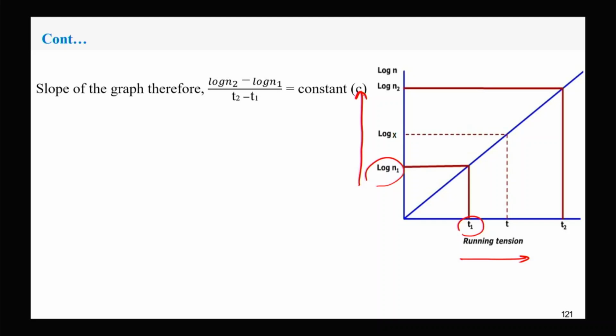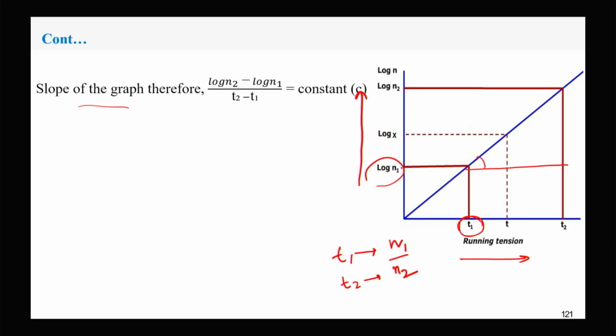The slope of this line will be, for say points n1 and n2, for tension T1 the number of breakages per unit running length is n1, and at T2 tension the breakage rate will be n2. From there we can calculate the slope.